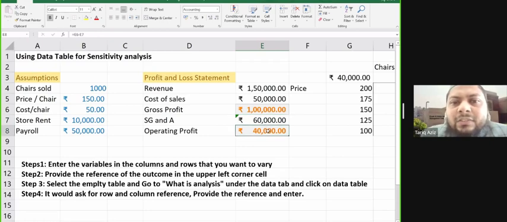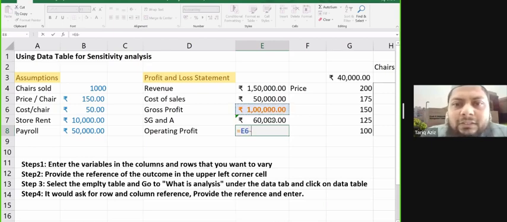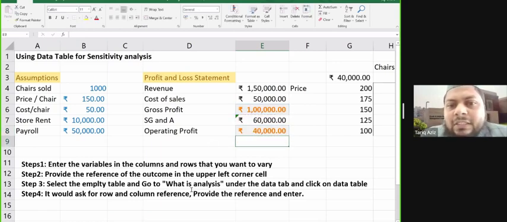So this is additional cost. Once we subtract this additional cost from the gross profit of 1 lakh, that will give us the final operating profit. So this is our operating profit, that is 40,000.